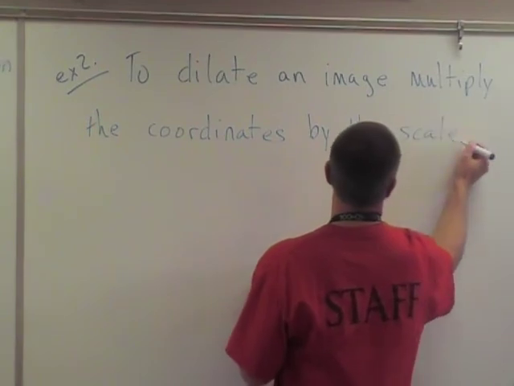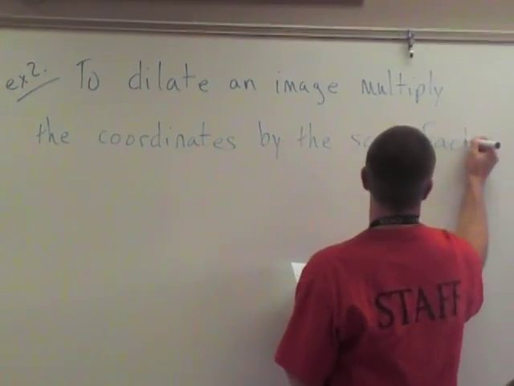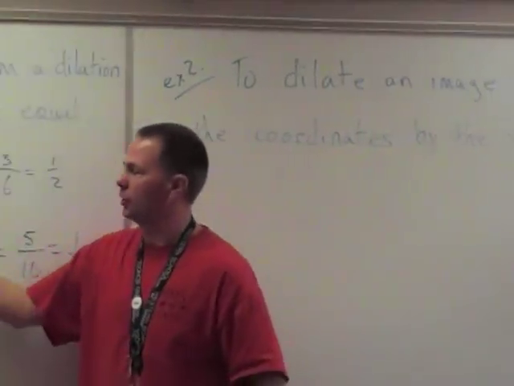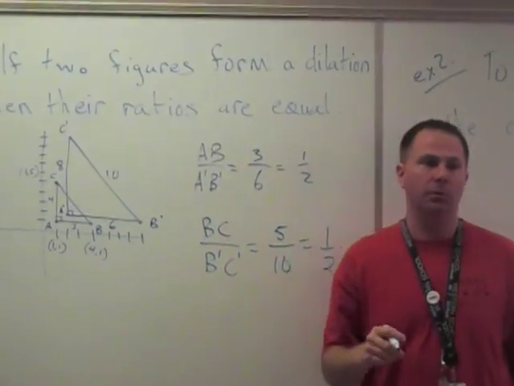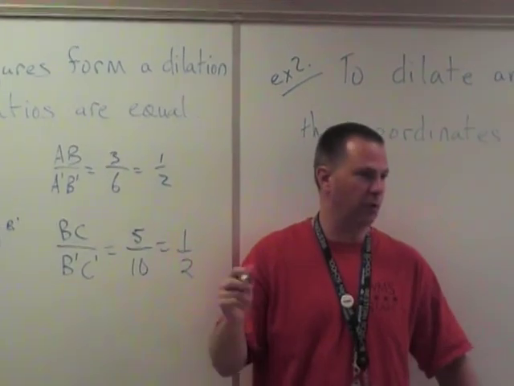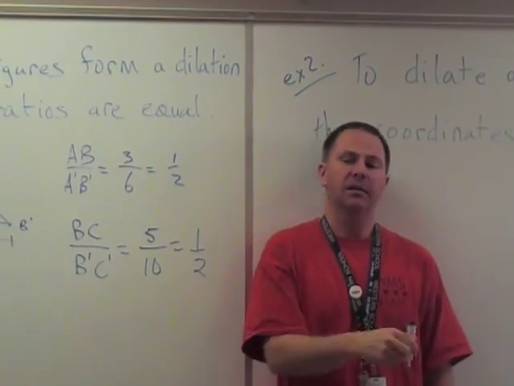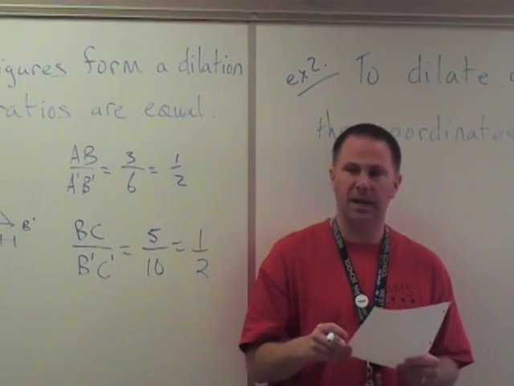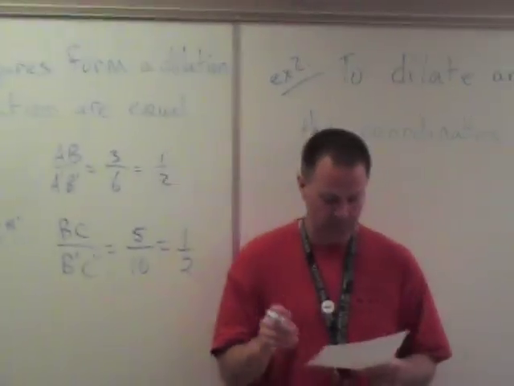So I've already taught you this with the first example. Here we were just showing that the two were proportional, that they did form a dilation. Here we're actually going to figure out what we're dilating the image by.